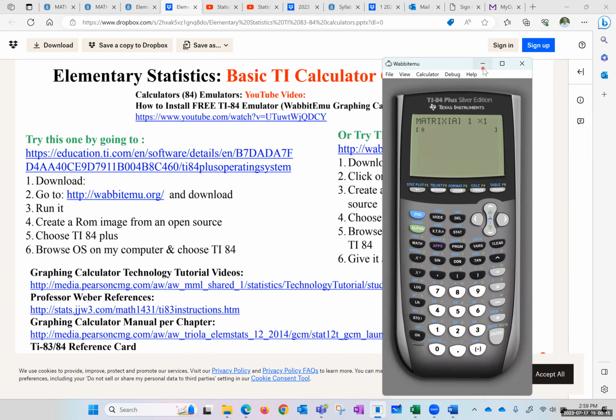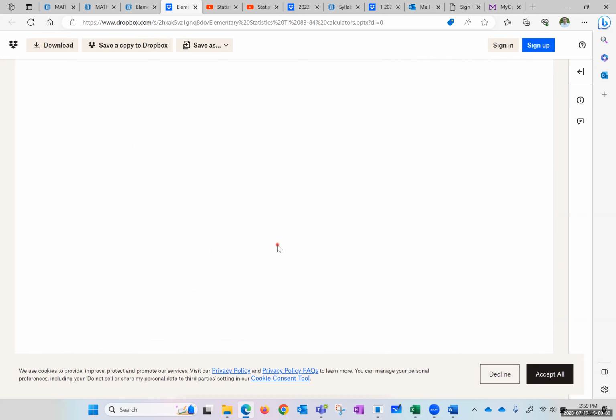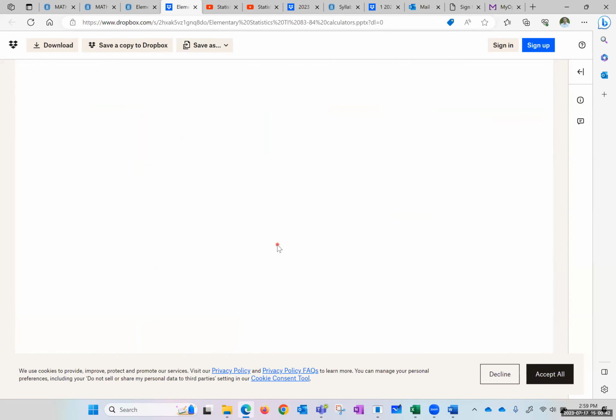But if you follow the instructions, and if need be, you get help from campus support, you should be able to do that. But aside from that, we have many different calculators that you can use. And I have put the resources here.